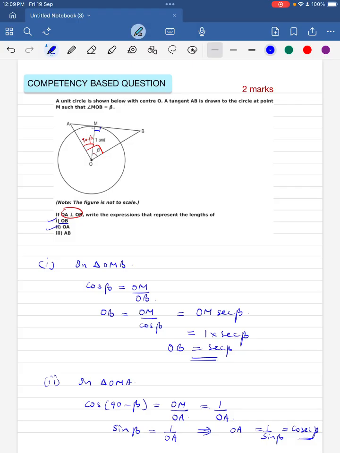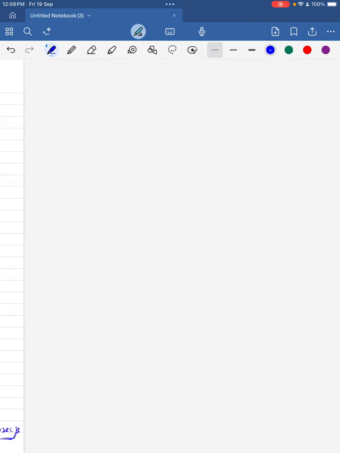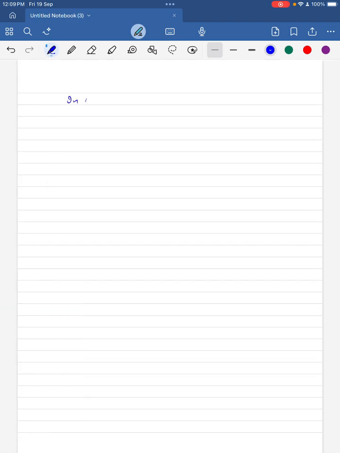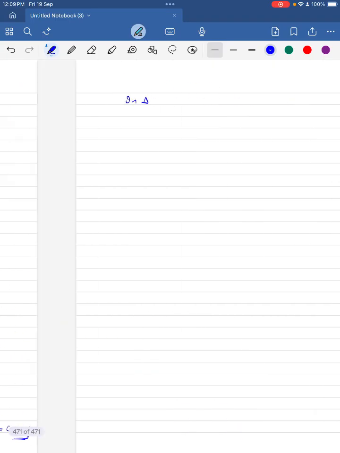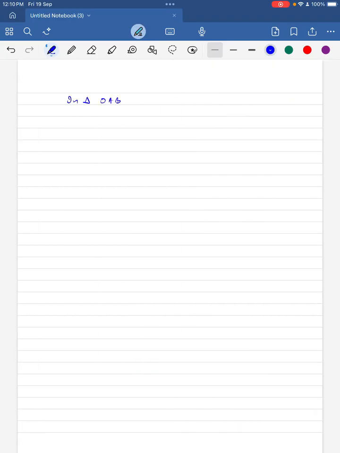Now triangle OAB is a right angle triangle. So the right angle is AOB and AB will become the hypotenuse of that triangle. So let me take the big triangle. In triangle OAB, I know that AB squared is equal to OA squared plus OB squared by Pythagoras theorem.